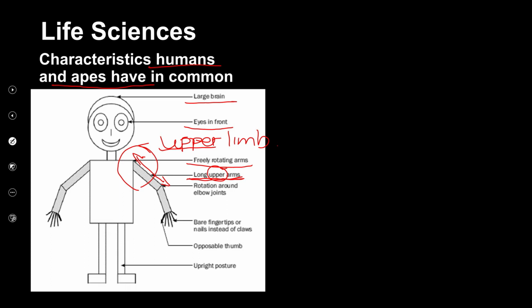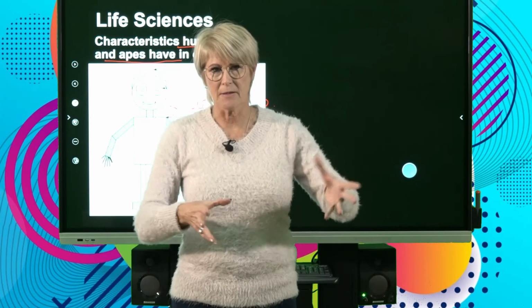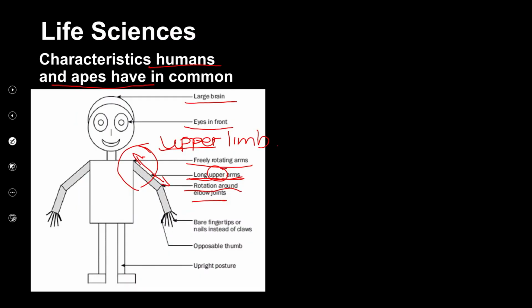We also have rotation around the elbow joint. It gives us a little bit more free movement, more dexterity, so that we can maneuver, manipulate, handle, and use tools and whatever implements that we have. So we have rotation around the elbows.